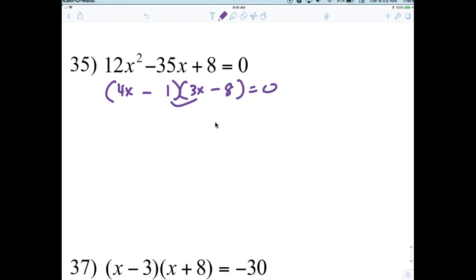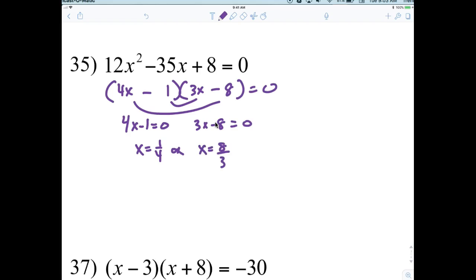And the reason that works again, negative 3 and negative 32 makes negative 35. Come on, just continue to work to the end. Set them equal to 0. 4x minus 1 equals 0. 3x minus 8 equals 0. So x equals 1/4, or x equals 8/3.